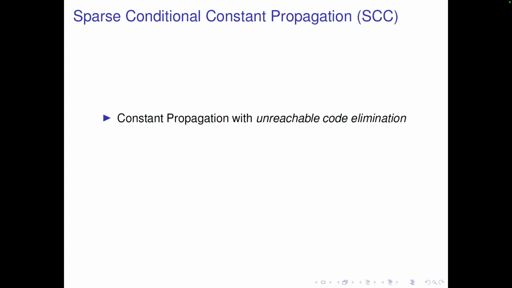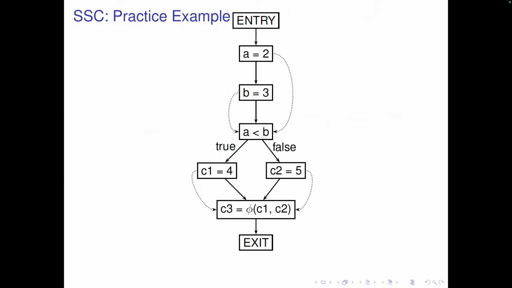Now if you go back to our program, let me ask you, if you look deeper, what can you say about C3? If you really have to execute this program 100 times with different values of A and B, in this case it's a forced value, it does not matter how you run this program, one of the branches, A less than B, is always true.